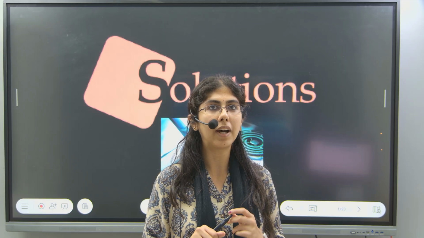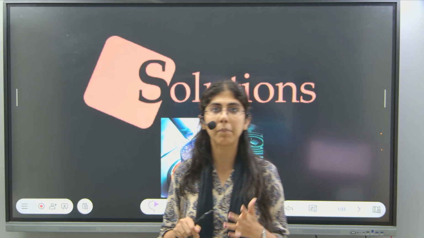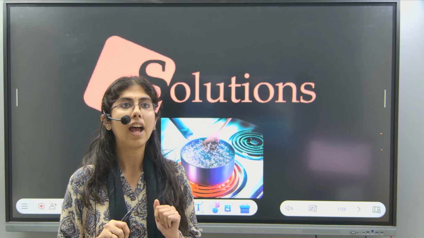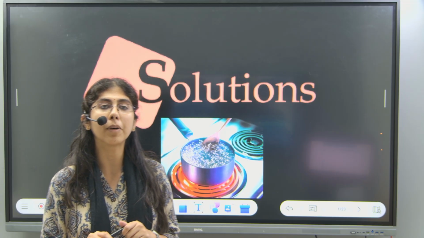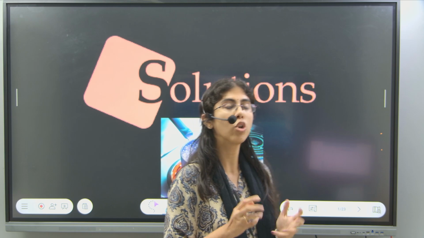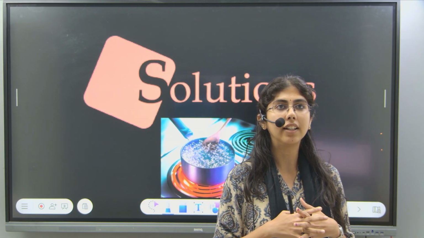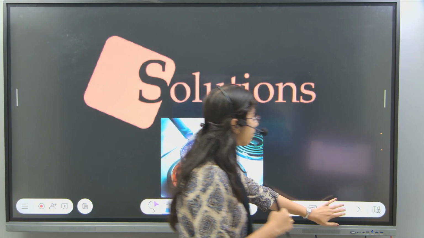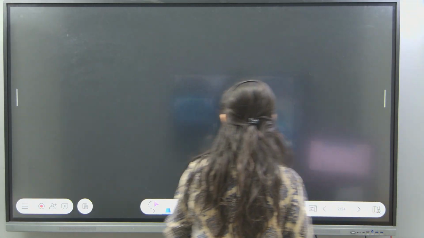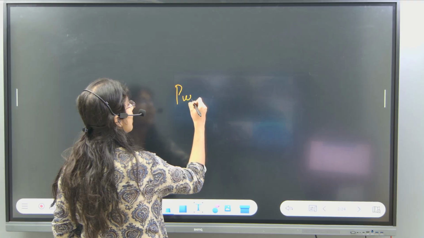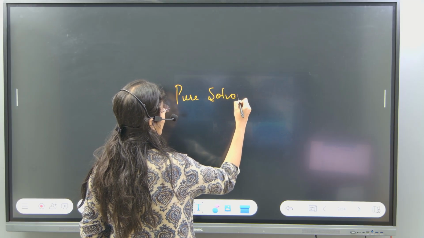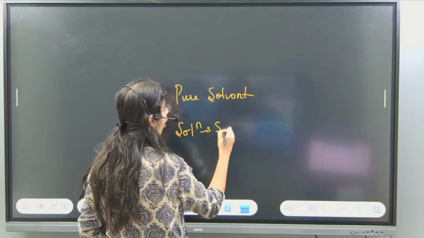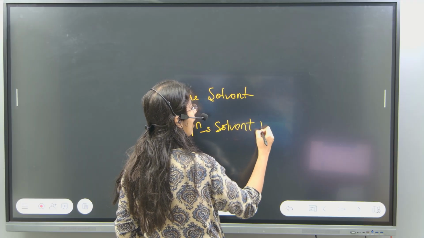Today, our part of discussion is what happens to the vapor pressure of a solvent when we add a solute to it. And later we shall discuss vapor pressure of a solution containing two liquids, and then we'll discuss azeotropes. Now, let's say I have a pure solvent, and I have a solution wherein I have the same solvent, and I have added some solute.